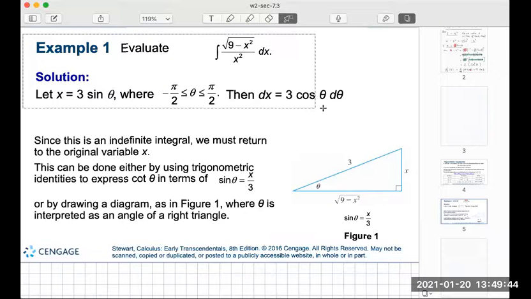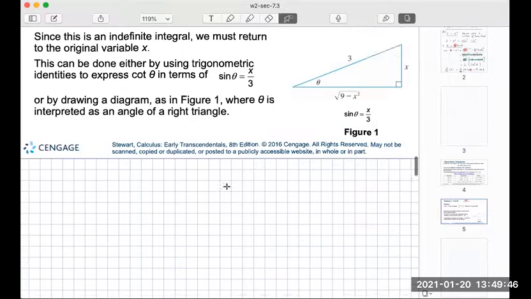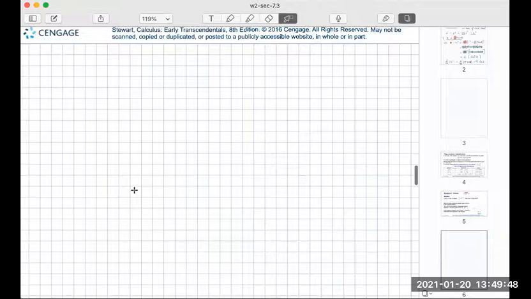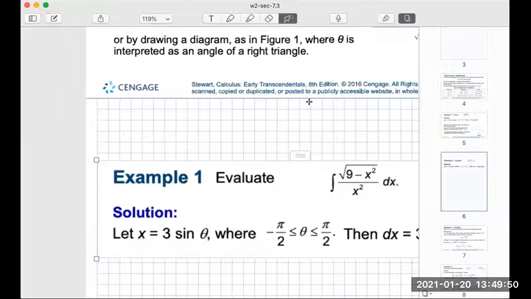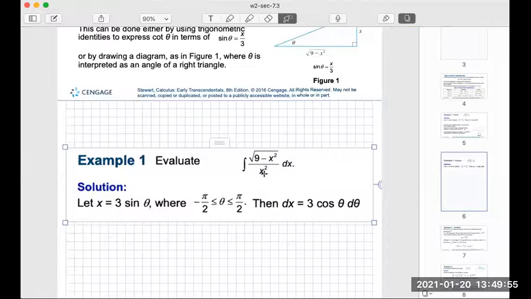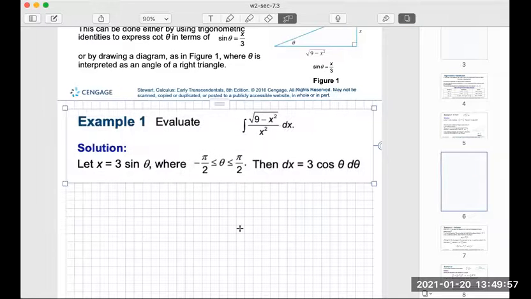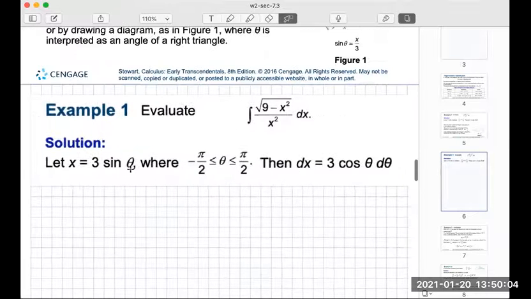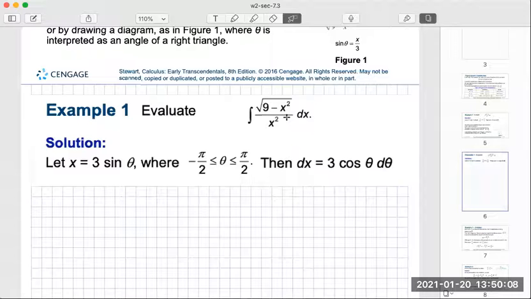Let us define x to be 3 times sine theta. So the original problem is to find the antiderivative of this function with respect to the x variable. Now we define a new variable in terms of theta.